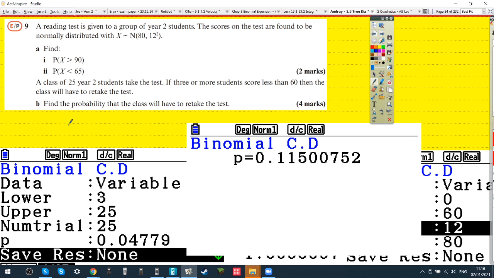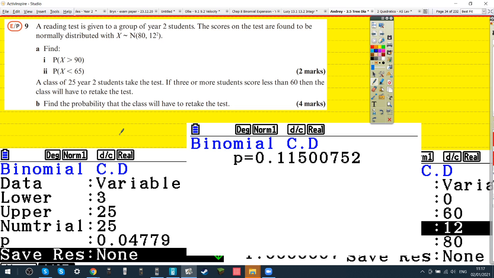If we wanted to do part B, you might think we can just go straight to it. They either pass or they don't pass, and so it's binomial. The lower would be 3, the upper would be 25, N is 25. But the problem is, what's the probability of getting 60 or less?